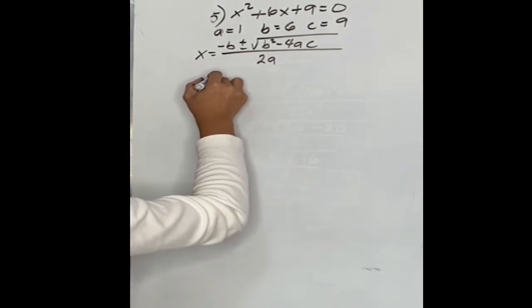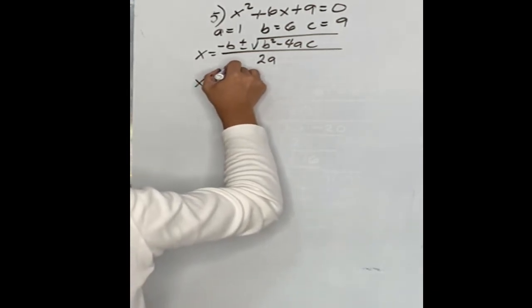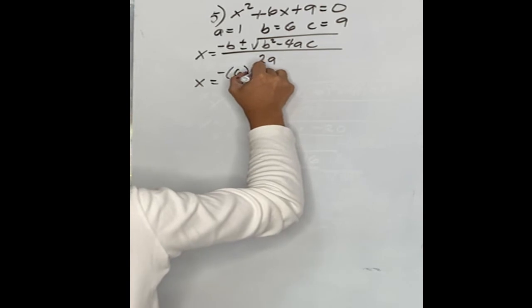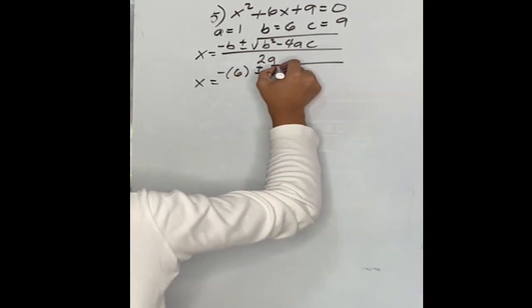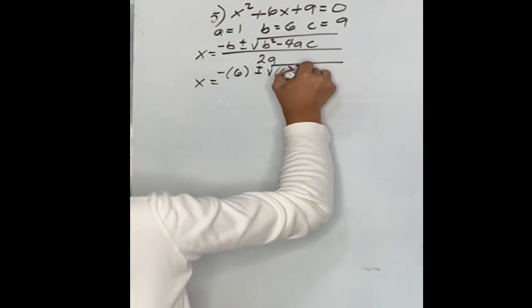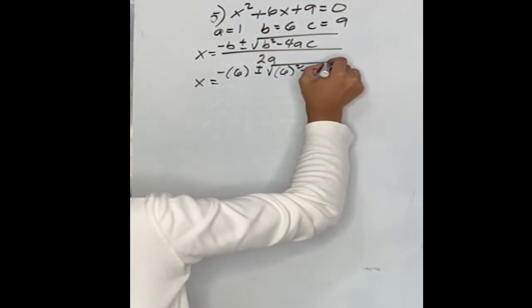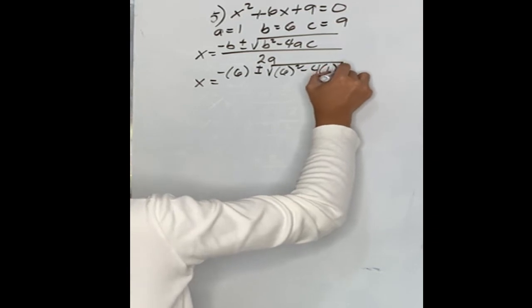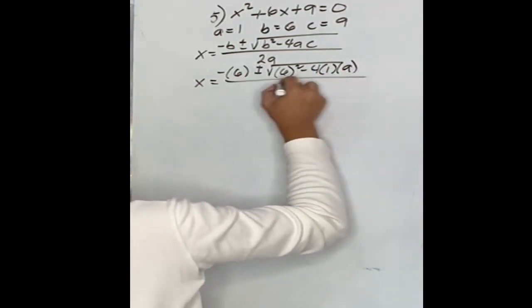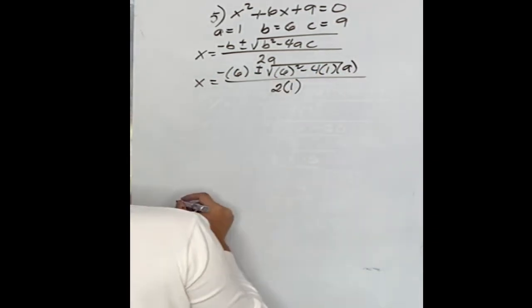In this case, we will substitute the values of a, b, and c. Negative 6 plus minus square root of 6 squared minus 4 times 1 times 9 all over 2 times 1.